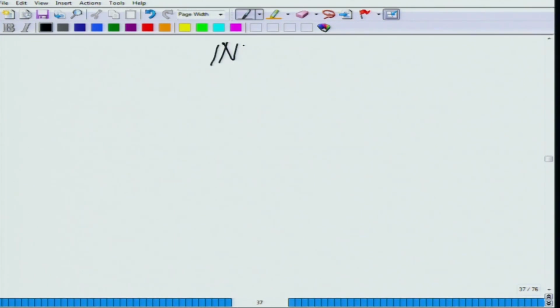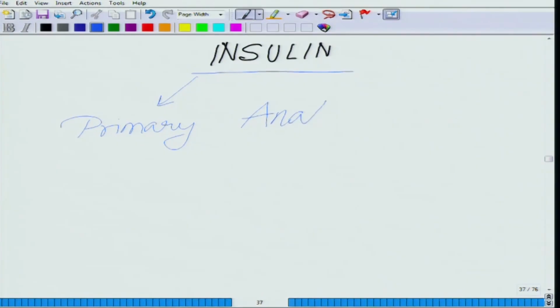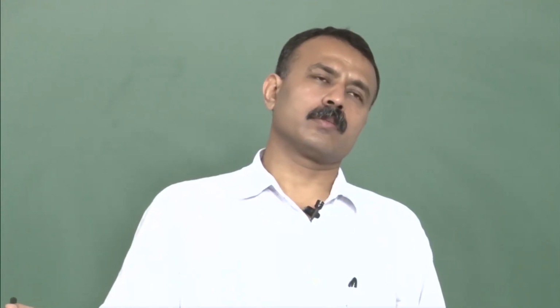insulin could be considered as a primary anabolic hormone. So, since I have introduced this term anabolic, what is the meaning of anabolic? There are two words, anabolic or catabolic.